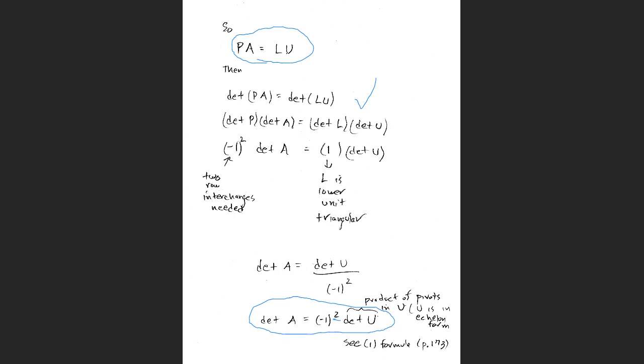On page 173 in the textbook, in section 3.2, it gives a formula that shows that the determinant of A is equal to (-1) to the rth power, where r is the number of row interchanges, times the product of the pivots in U. That's possible because we're dealing with square matrices here, so U is a triangular matrix, and the determinant of U would just be the product of the pivots along the diagonal.